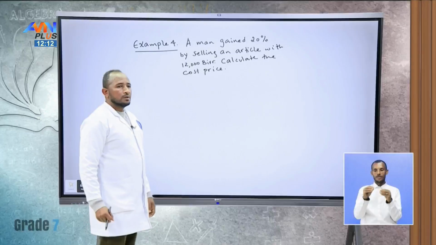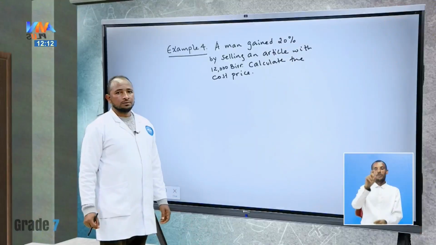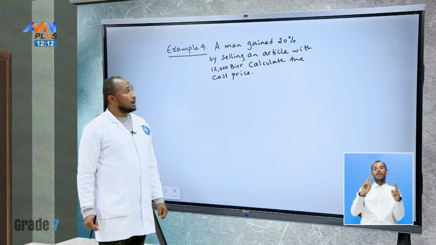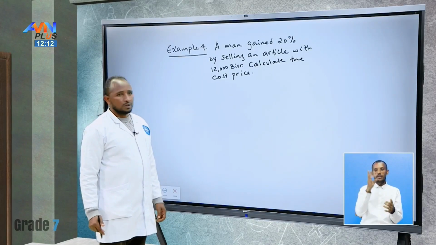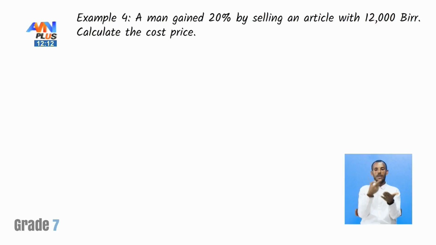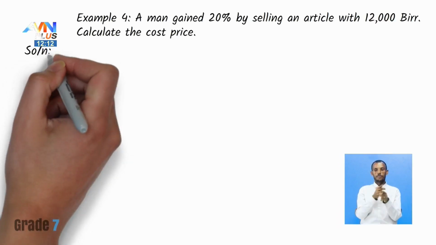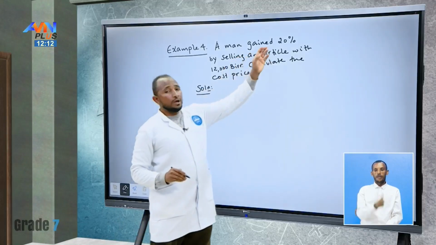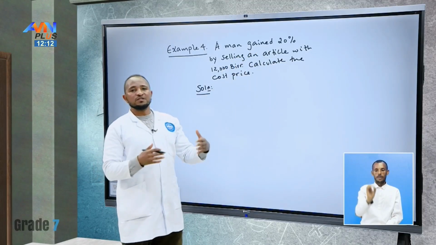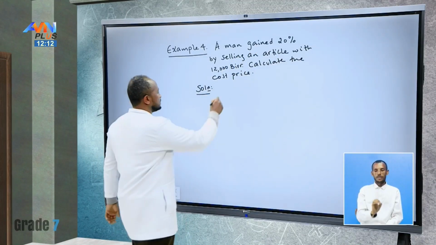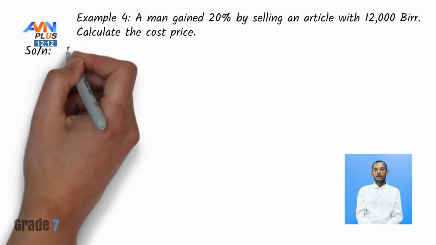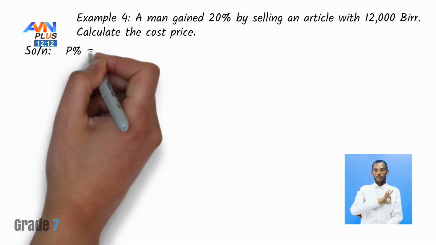Students, have you tried the question? Very nice. Now we'll see the answer together. Here, 20%, so his profit percent is given here. The profit percent is this 20%.